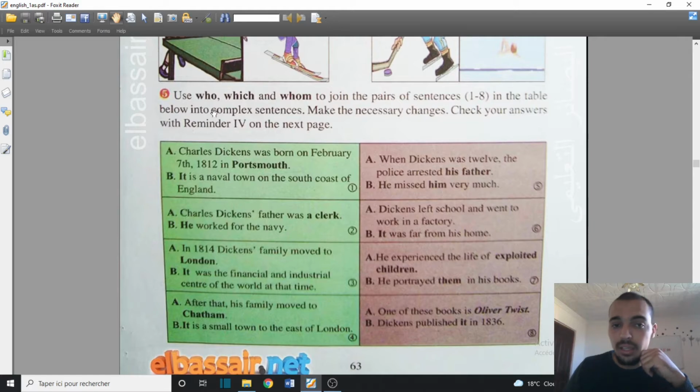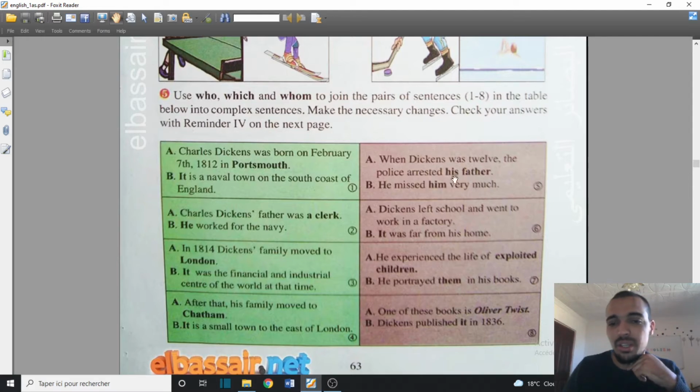The relative pronouns who, which, and whom are always used when our second sentence provides an explanation or more details about the last item in sentence one. Whenever you find the second sentence is talking about the last word in our first sentence, I will use one of these.